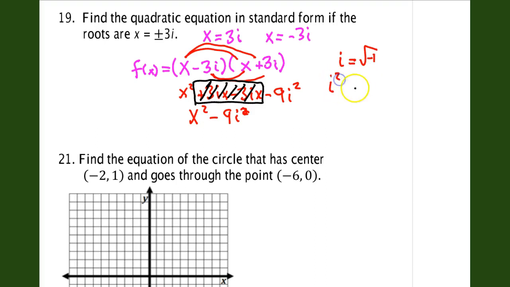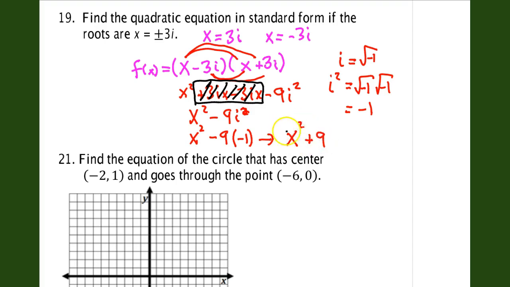So i to the second power is root -1 times root -1, which equals just -1. So we have x squared now minus 9 times, instead of i squared, times -1. And just to simplify this one more time, -9 times -1 is +9. x squared plus 9 would be our function.